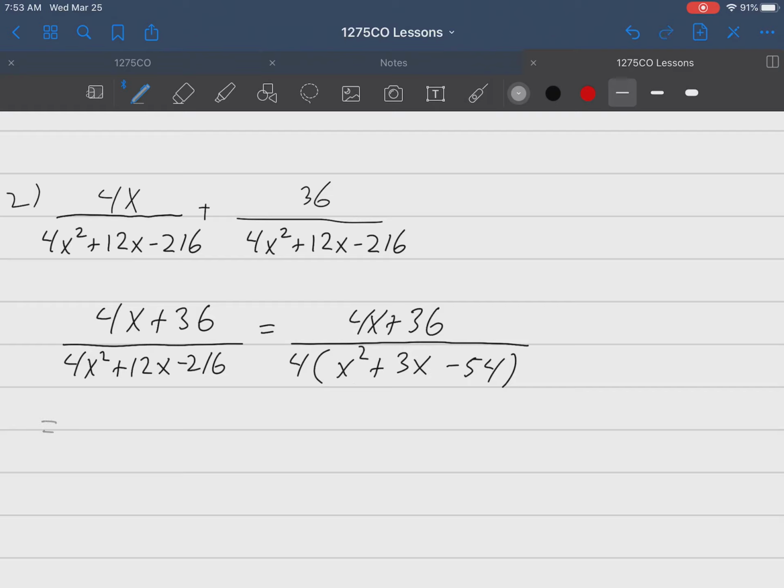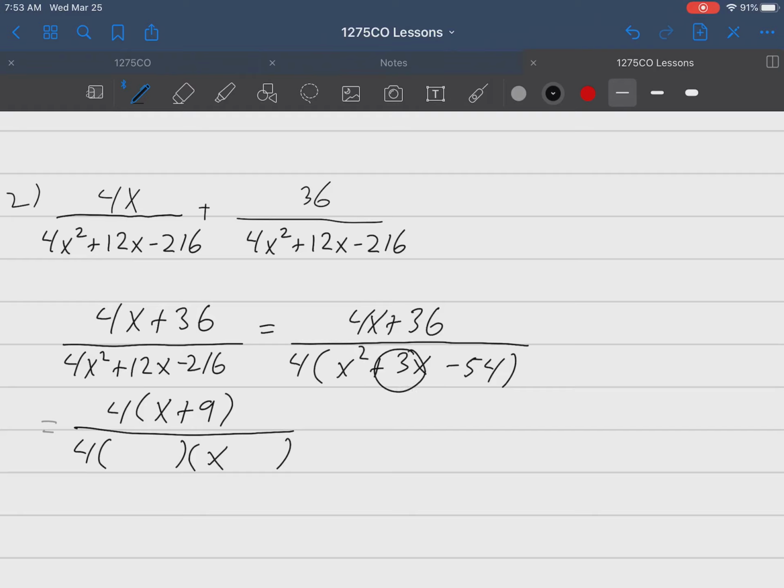And then inside here, we can factor that further. 4x plus 36. Oh, you know what? Actually, 4x plus 36 is also factorable into 4 times x plus 9 with a greatest common factor.